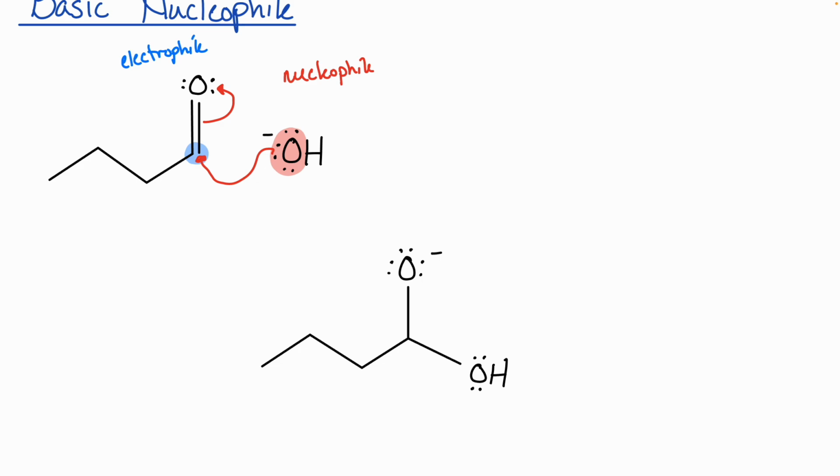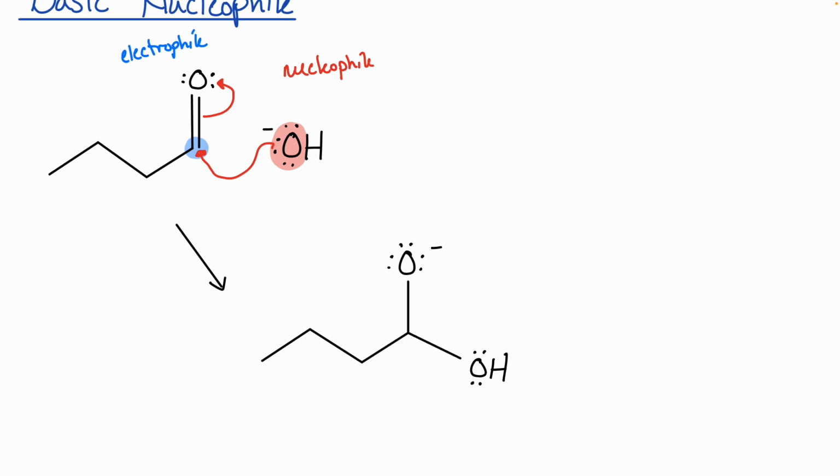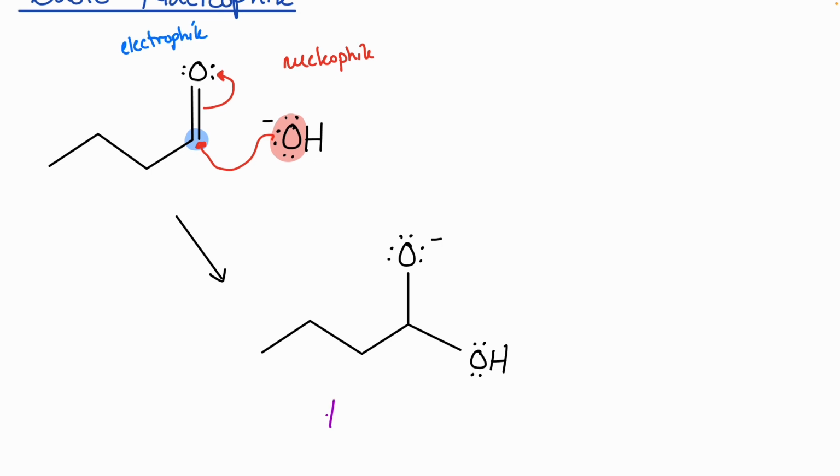Remember, we said that one of the reasons that aldehydes and ketones are such good electrophiles is that they're really accessible because of that trigonal planar geometry. Well, whenever a carbonyl carbon gets attacked by a nucleophile, now it's got 4 bonds associated with it. So it's not going to be trigonal planar, but rather a tetrahedral intermediate.